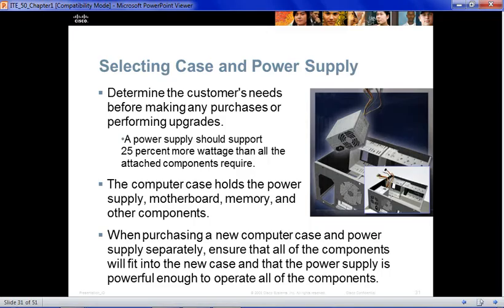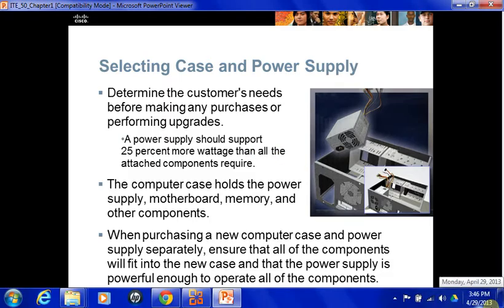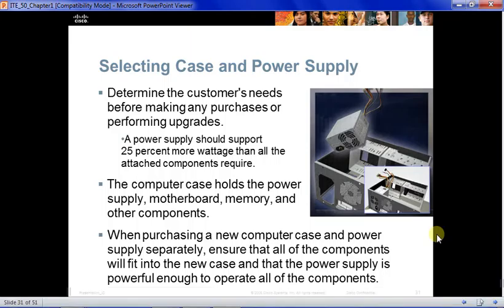Which motherboard and processor you have will determine what type of RAM you will take, and what other components you have on the computer will determine what kind of power supply you should have and how much wattage that power supply should have. A power supply should support 25% more wattage than all the other attached components require.